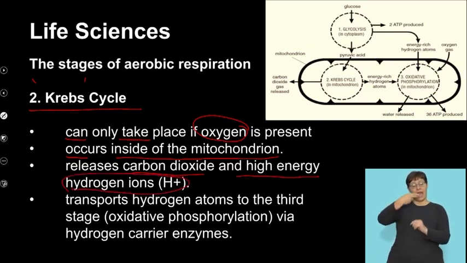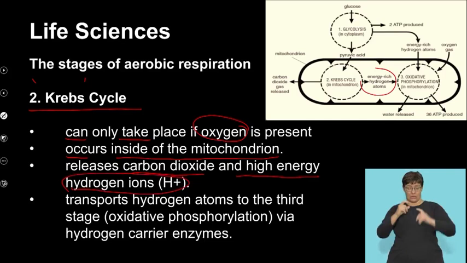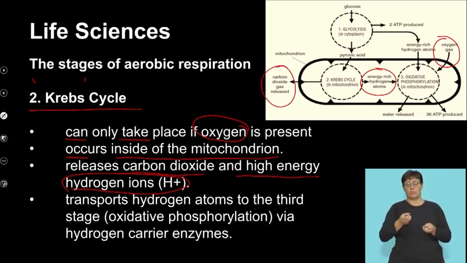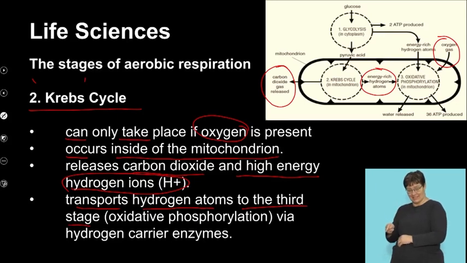So we look at the energy-rich hydrogen atoms being released, we're seeing that it requires oxygen, and we also know that it produces carbon dioxide as a waste product. So let's read further. It transports hydrogen atoms to the third stage, which we see here, the third stage of oxidative phosphorylation.